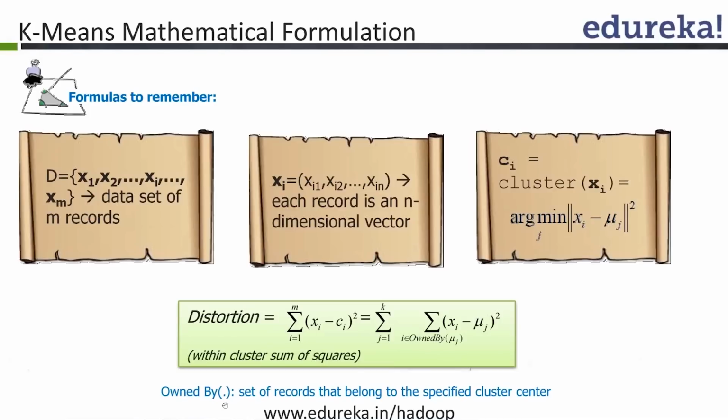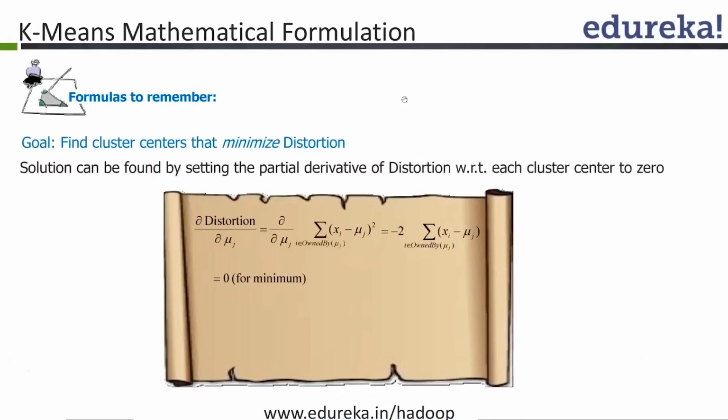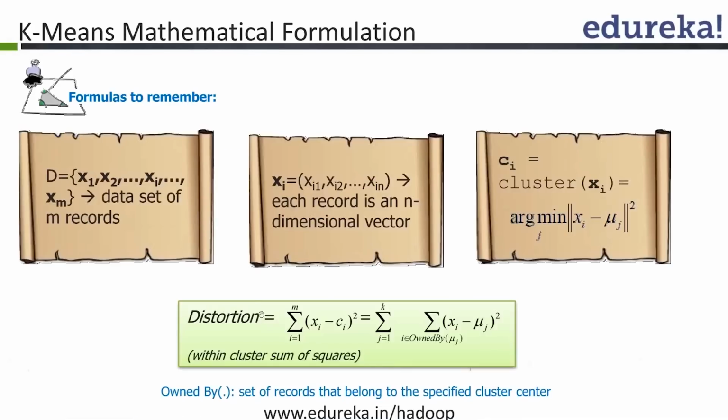So owned by is a set of all records that belong to the specified cluster center. So owned by of mu j will tell me all the data points that belong to the jth cluster. Now I take all those data points, compute the distance between the data point and the cluster center, sum it up, and then sum it up across all the clusters. So that's my entire definition of distortion. Now the goal of k-means is to essentially minimize the distortion, right?